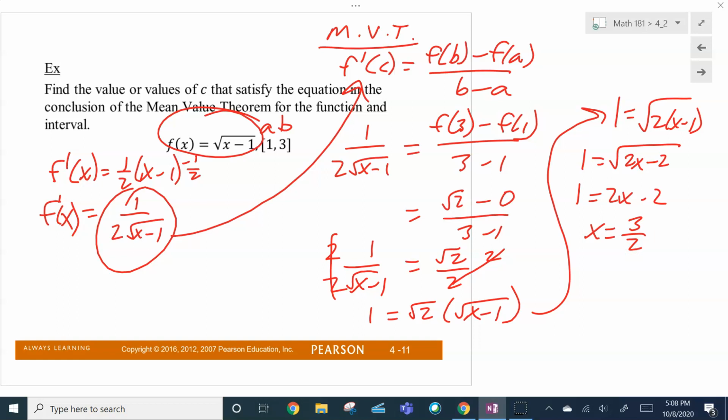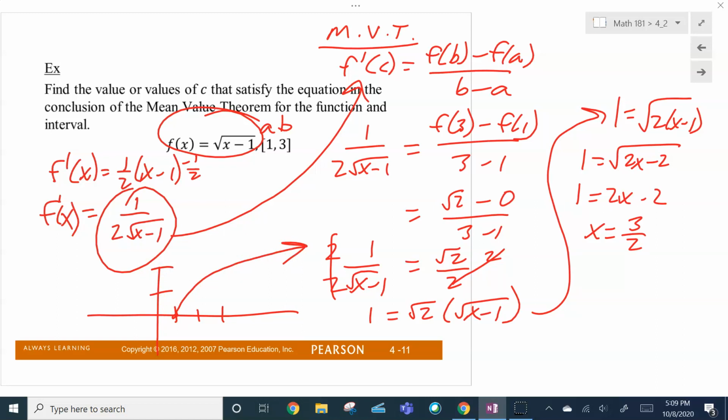So if I was to draw a graph of this, it goes like that.